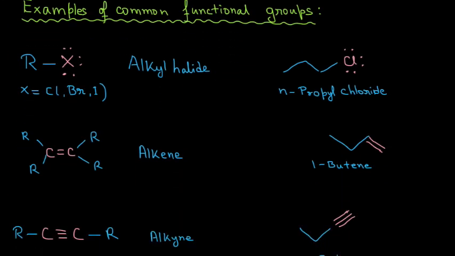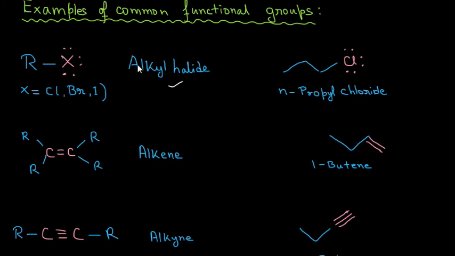Examples of common functional groups. So first is RX, where X is a halogen. Halogen can be chlorine, bromine, or iodine. It is named as alkyl halides. If the alkyl is methyl and the halide is chloride, then it will be methyl chloride.